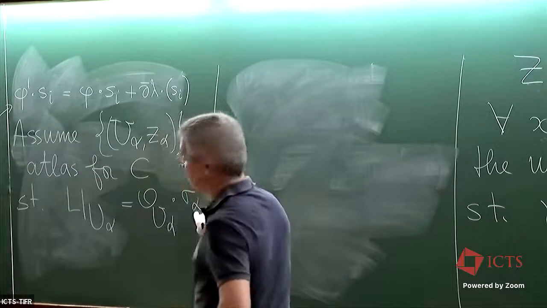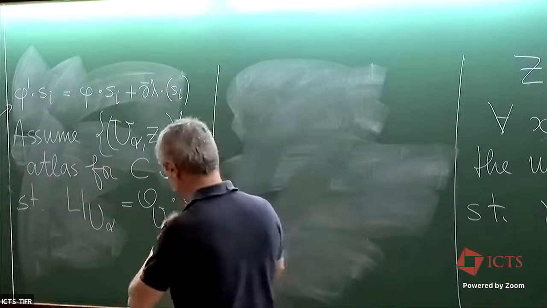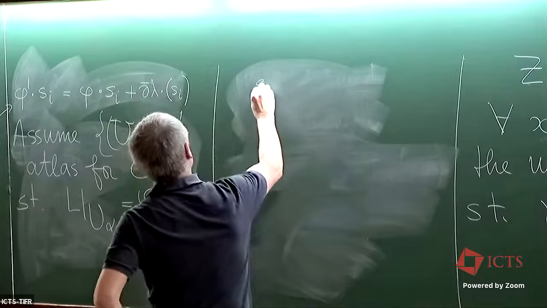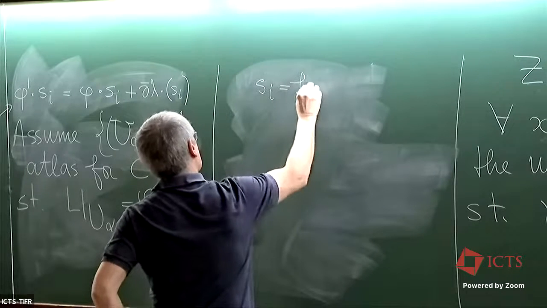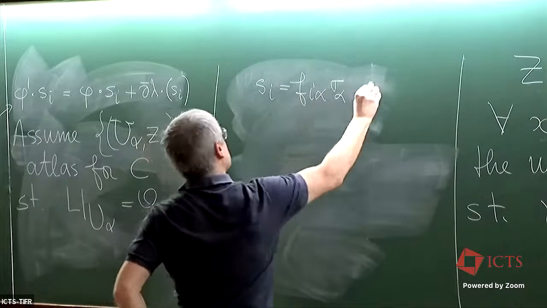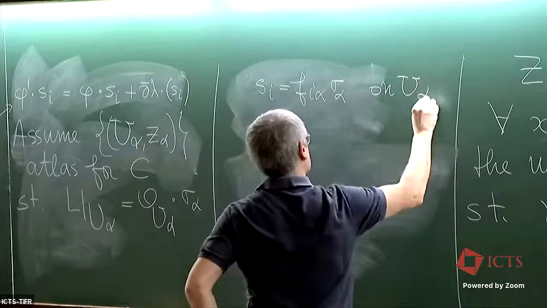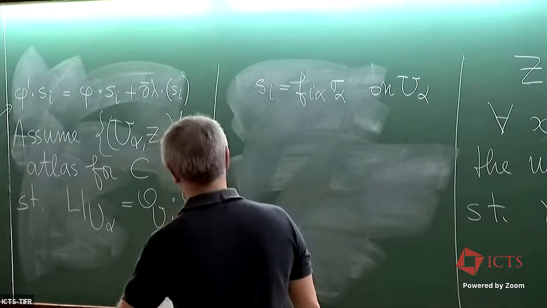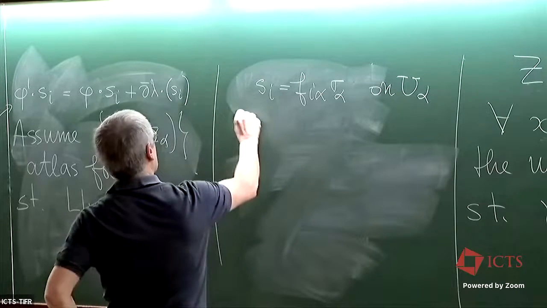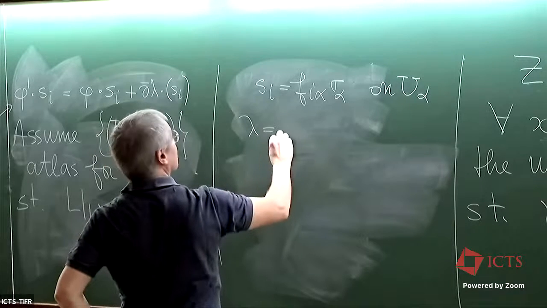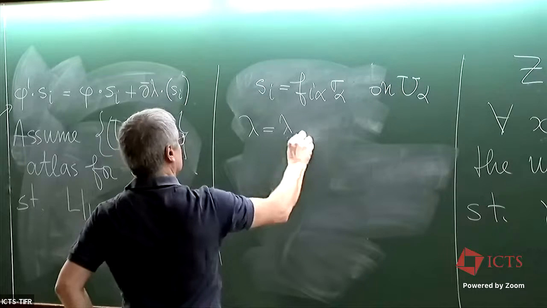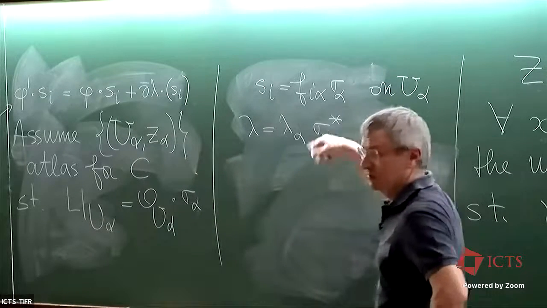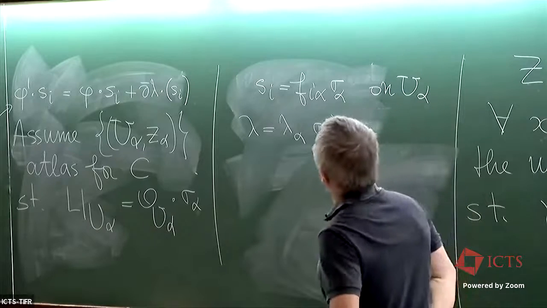And so we have a frame on each open set, and then these sections will become functions, and so let's write this down. Also, lambda will be a function because sigma alpha star will be the dual frame.